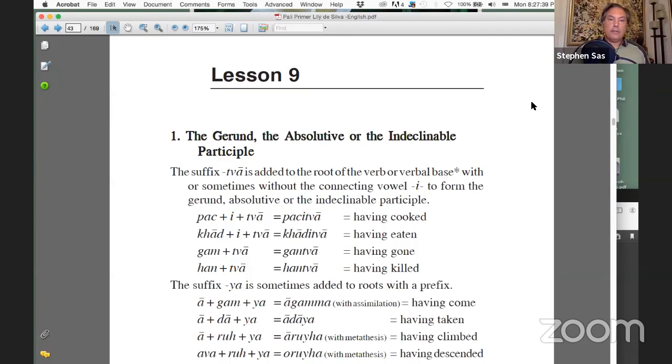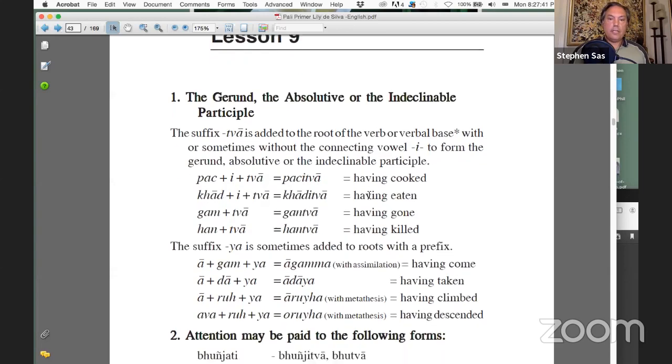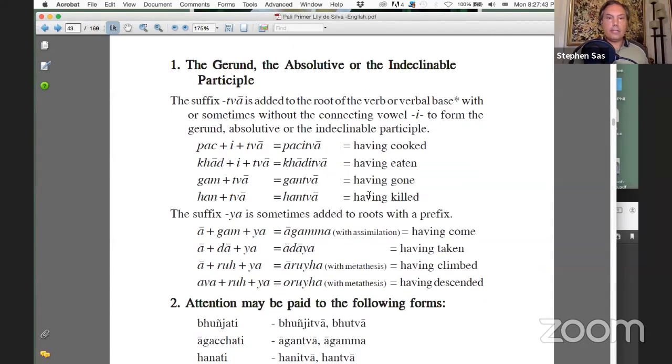And so we are given in the book here several examples of how it is formed. It is typically formed in two ways. The tva suffix, which is probably more common.